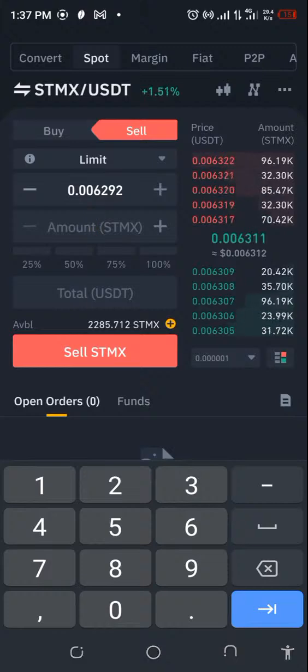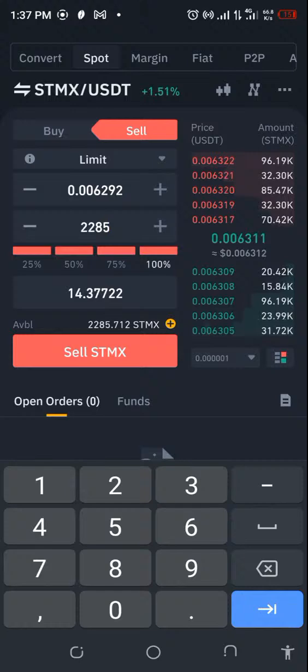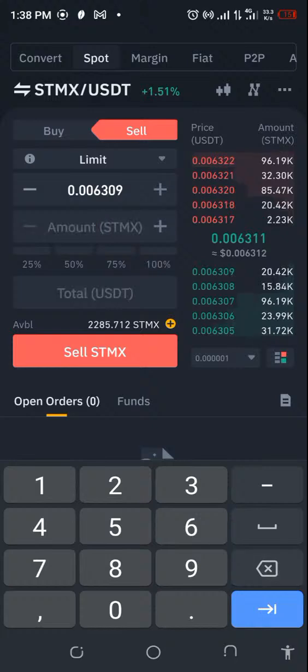Okay, I want to see what's happening. Okay, it said I should increase my balance. Let me check whether this will work. No, let me remove everything. When you want to choose a price, first of all, choose the price, and then check whether we get anything here. So I'm just going to go ahead and click on sell.